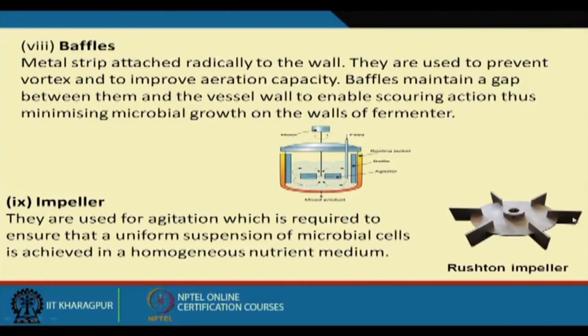The number of blades plays a very important role, because if it is not optimized, there will be tremendous vibration of the fermenter. So in industry we try to find the combination that gives minimum vibration. A lot of vibration is undesirable, because connections may be loosened and contamination problems will take place.